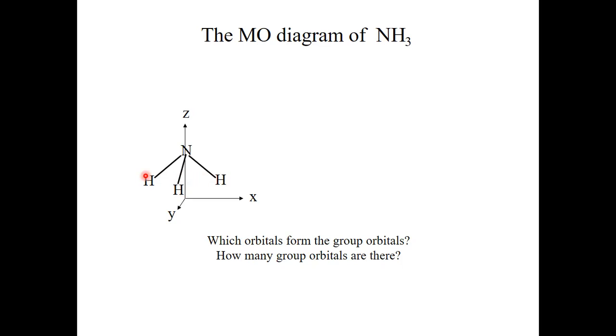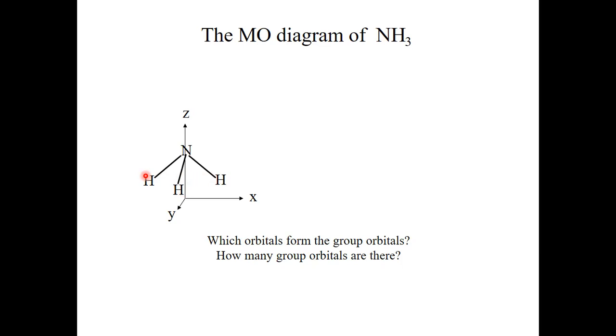Next, we need to decide which are our central atom orbitals and which are our ligand orbitals. So our central atom would naturally be the nitrogen, and our ligand atoms would naturally be the hydrogens. So what would be the valence orbitals of the hydrogen?